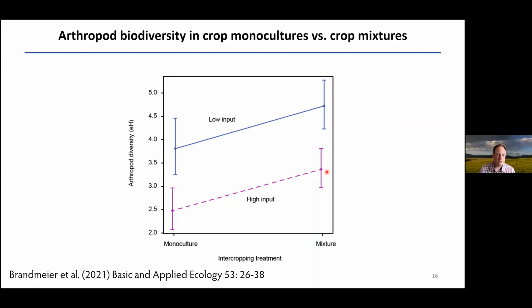However, of course, the high input system also shows this positive effect of mixture, and there may be interesting trade-offs between productivity or yield and arthropod diversity. If you want to look at the details, just check out this paper here in Basic and Applied Ecology by Jana Brandmeier. It's open access, so you can all read it, and there is some interesting further information on that.